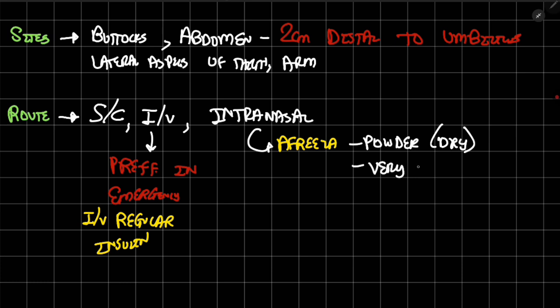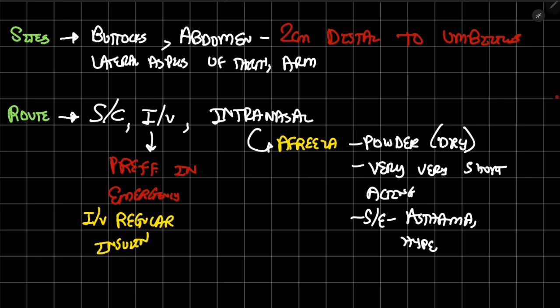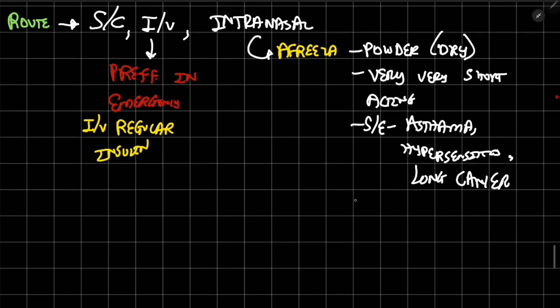It has side effects too: we can get asthma, and other hypersensitivity reactions confined to the respiratory system. We can also get lung cancer, and it is contraindicated in smokers.